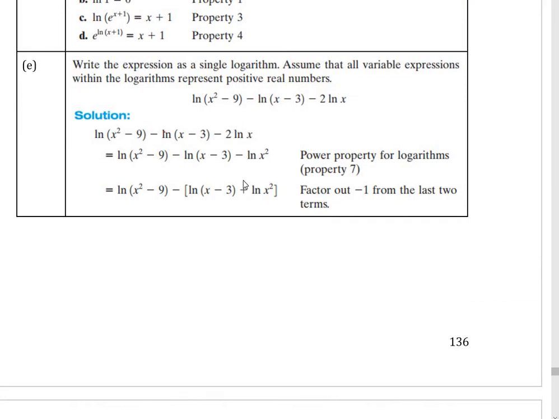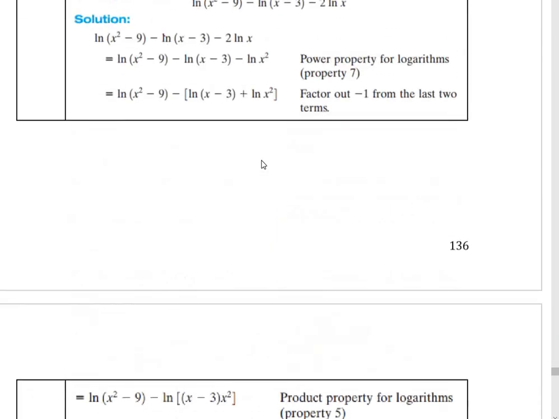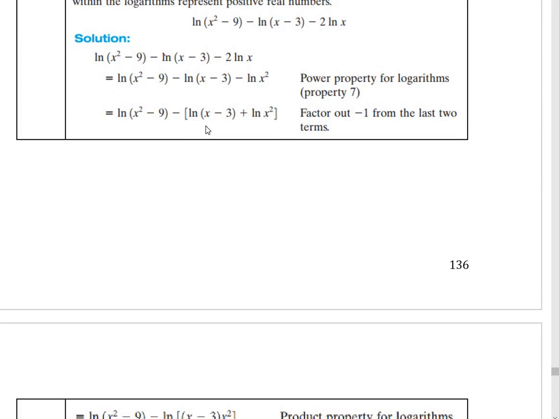Then we have ln minus ln. In the end, those two with the minuses in front will go to the denominator. I've taken out a common factor of -1 here to show you that that forms a plus. So this will now be in the numerator, and this whole thing will be in the denominator.